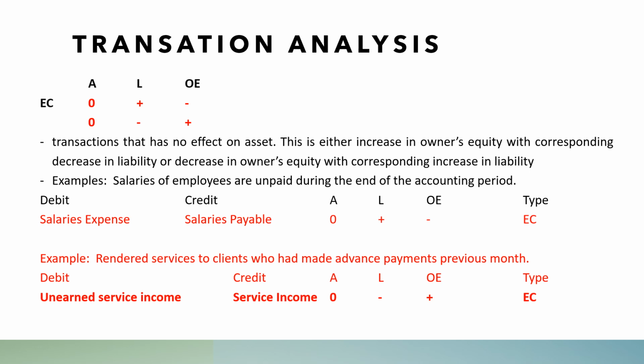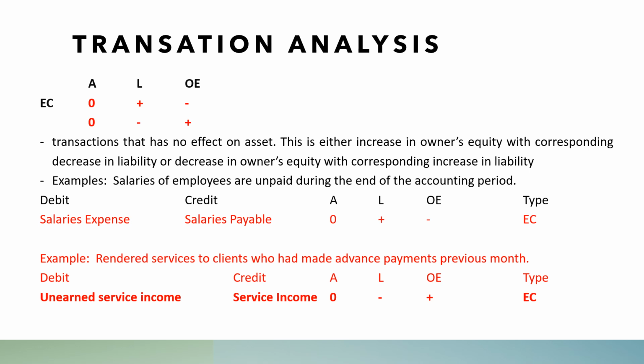So to cancel the liability or to reduce the liability, we debit unearned service income and we credit service income because it has now already been earned by the business since the services have been rendered. So in the accounting equation, no effect on assets because there is no account title here that represents an asset, so 0.